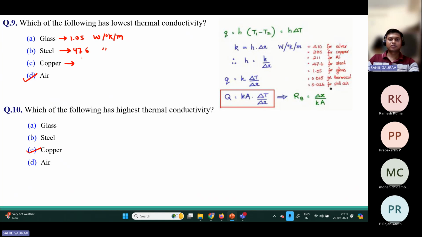Copper has thermal conductivity of 385. Air has thermal conductivity of 0.026. So the lowest thermal conductivity is air and the highest is copper. And silver has even more thermal conductivity than copper.